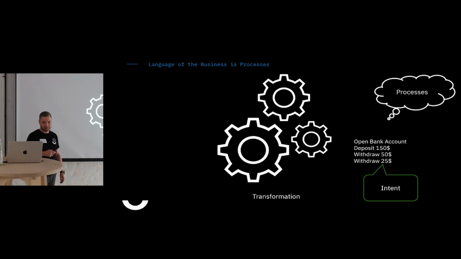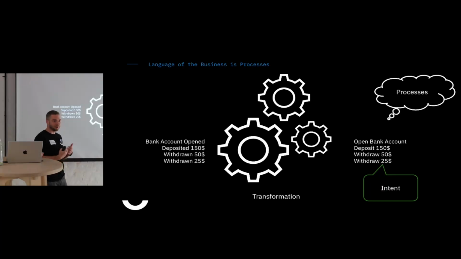So what if we can do better, and instead of using our CRUD thinking, what if we can map it to something else? And this something else is that we can translate it into facts. So when the business intent is to open a bank account, then the fact is: bank account opened.